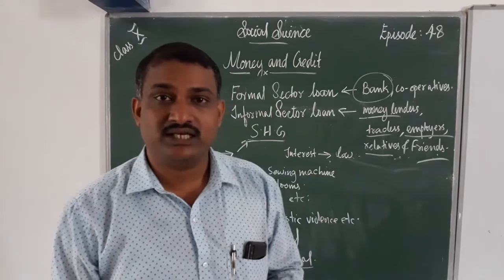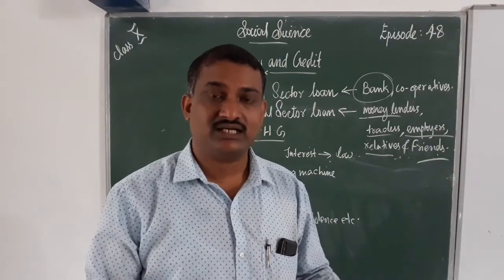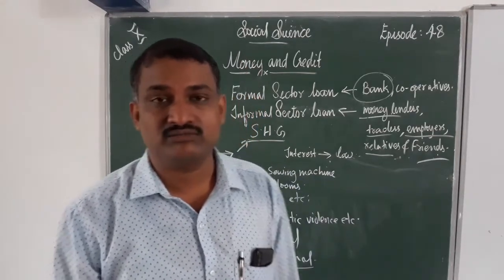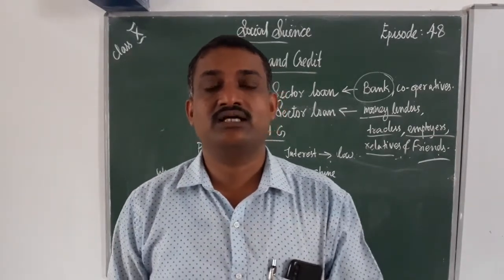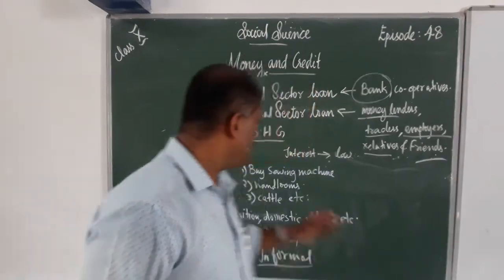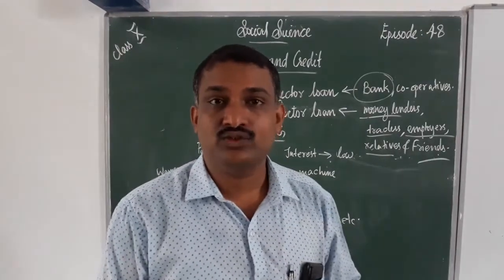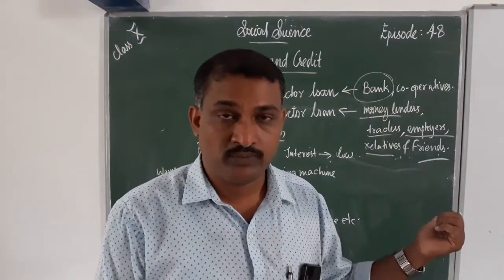They can start a unit, maybe with 5 or 6 members. According to the income they have, they can contribute money to form this self-help group. If you want money, you can approach the SHG.